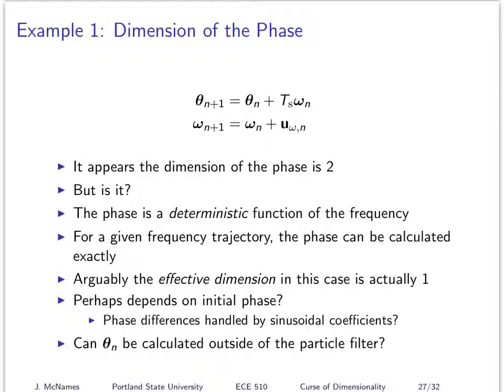So even if you said the phase was 0 for every particle, and then just integrated it directly, but not as part of the particle filter, outside the particle filter, and maybe your particle filter is only single dimensional, effectively. You could do it that way, maybe. Jamie? What if your measurements depend on that integral?